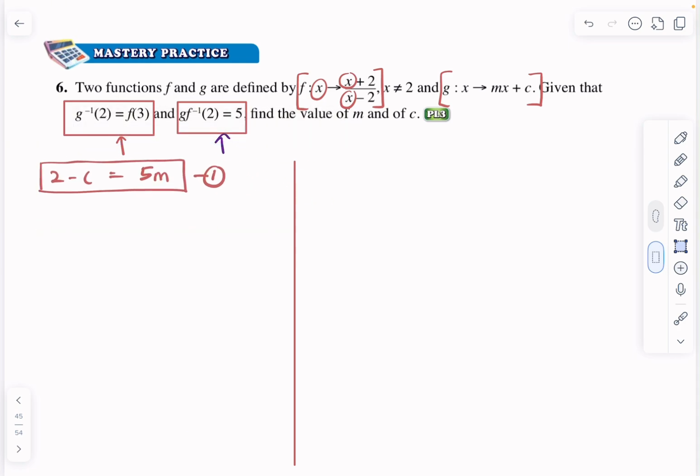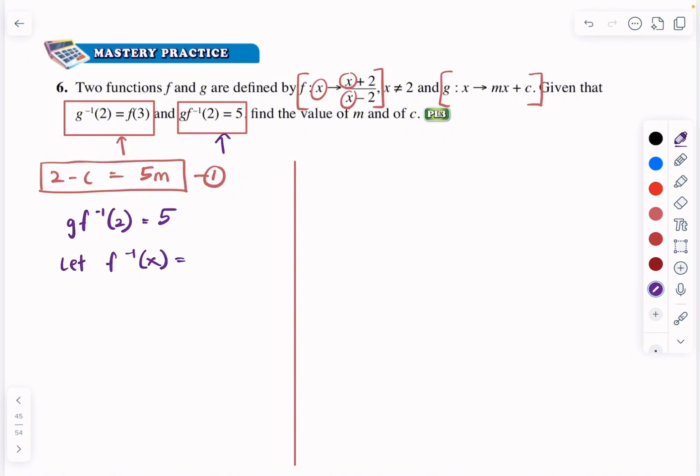So the second equation is g f inverse 2 equals 5. So here we need to find f inverse x first. So the same thing, we let f inverse x equal y. Therefore, fy will equal x. These steps are almost the same every time. You can just basically memorize it.